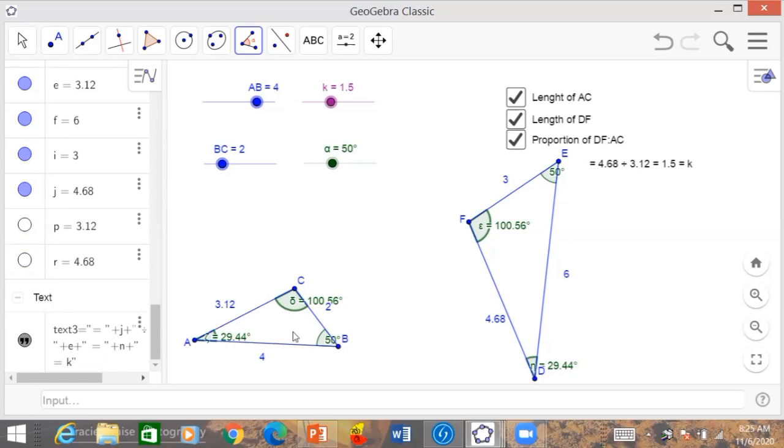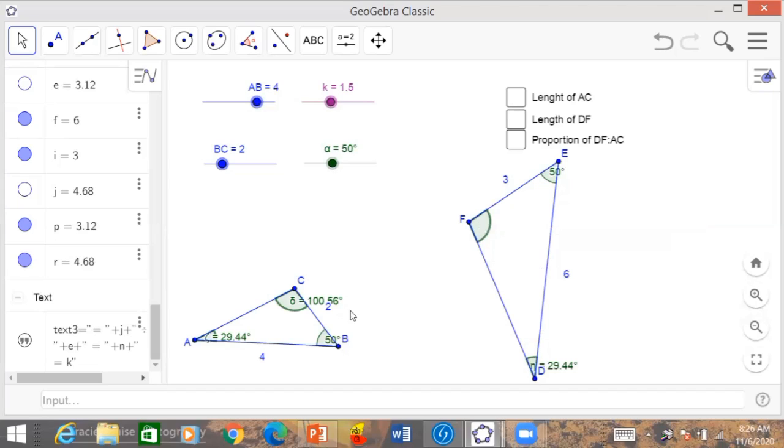This is referred as SAS similarity criteria, because we have constructed two triangles with one angle of one triangle equal to one angle of another triangle and including sides of the angle are in proportion.